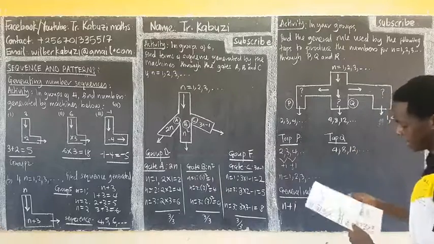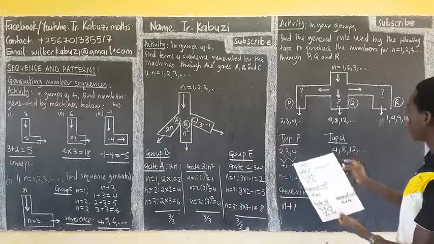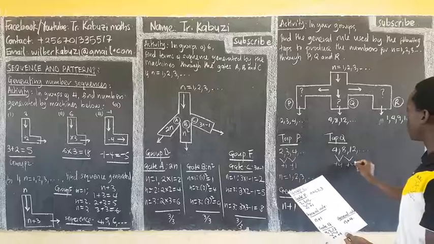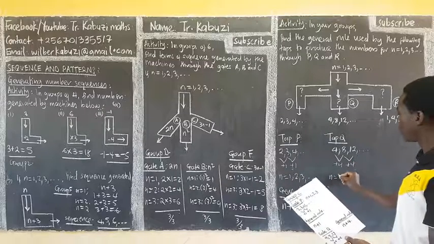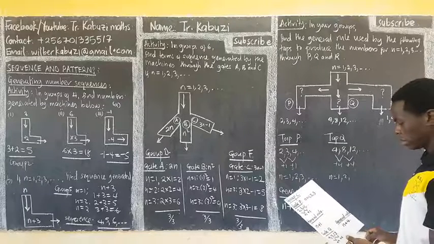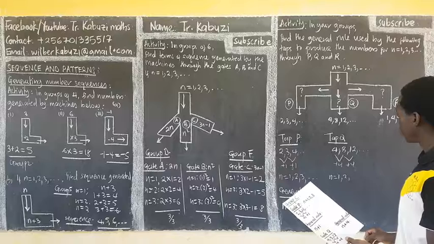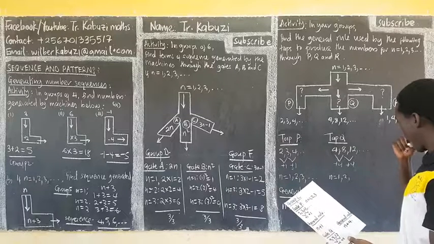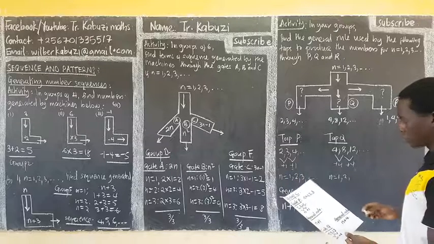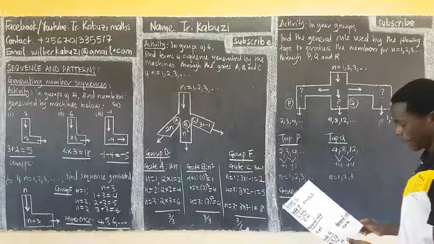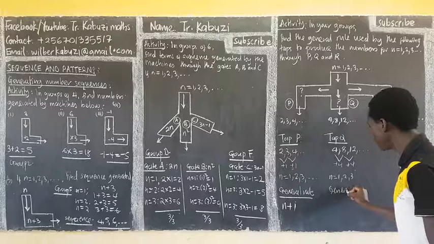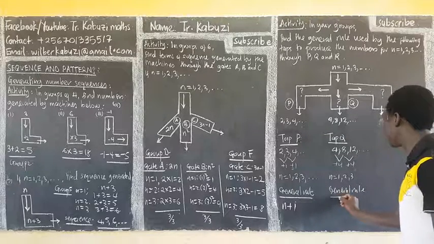So what do you think they did? So this is what they were able to generate. So they are saying here they added the 4. Then here they added the 4. So if n was equal to 1, 2, 3, so the general would be, so look at this now.